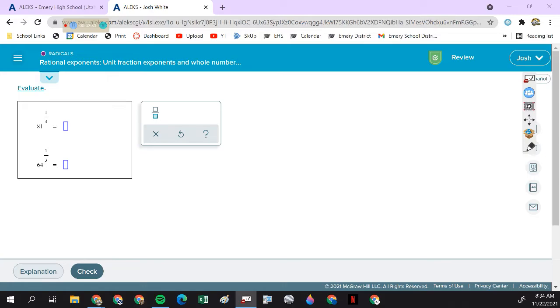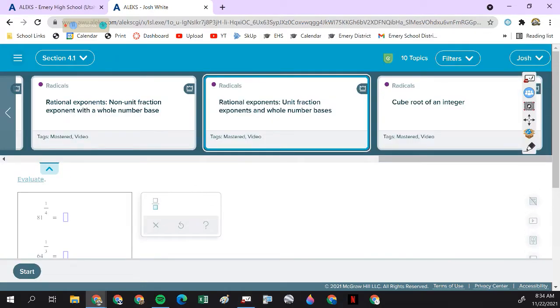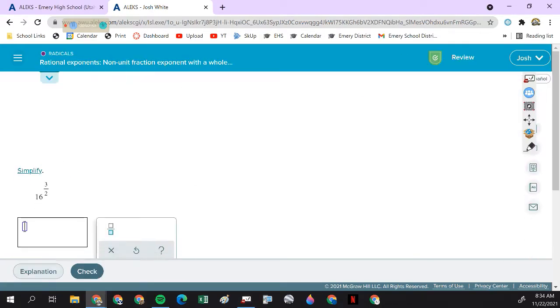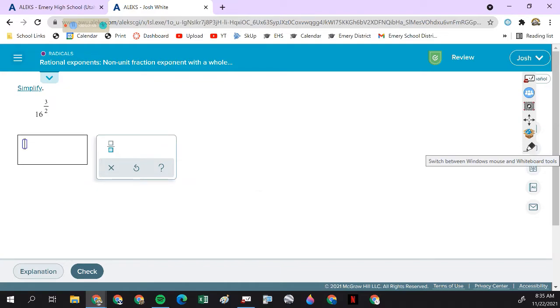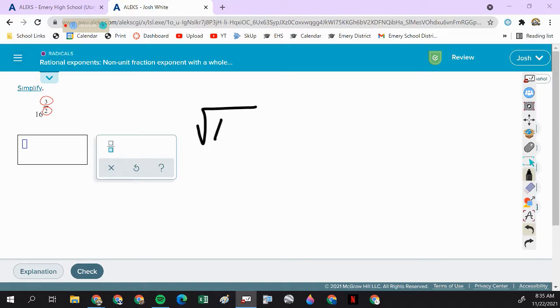Let's make it a little bit more complicated. 16 raised to the 3 halves. So 3 is an exponent and 2 is a root. So we have the square root of 16.